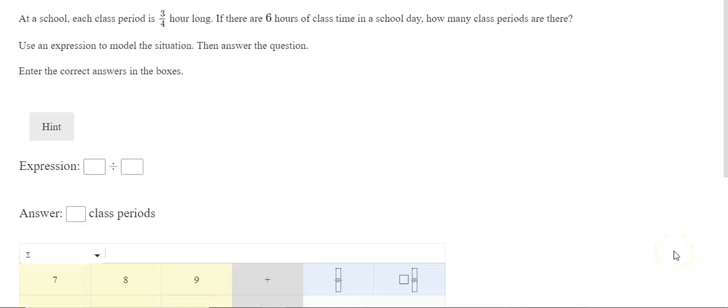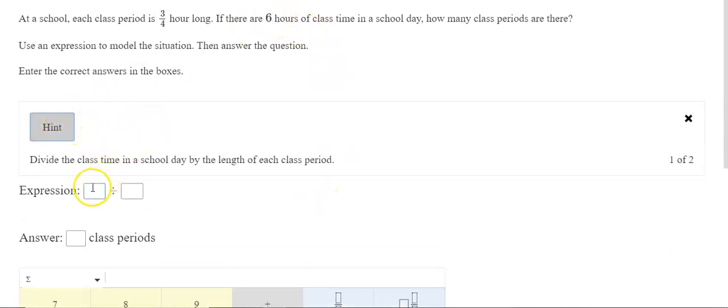Next. At a school, each class period is 3/4 hour long. If there are 6 hours of class time in a school day, how many class periods are there? So what we're going to do, divide class time in a school by the length of each class period.